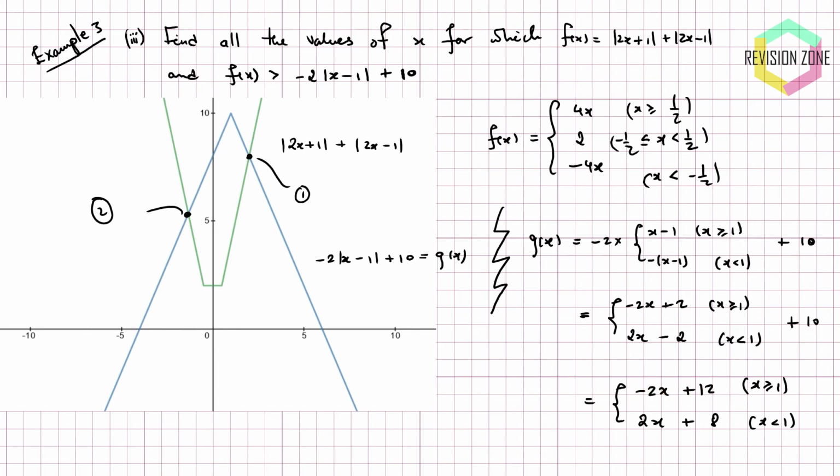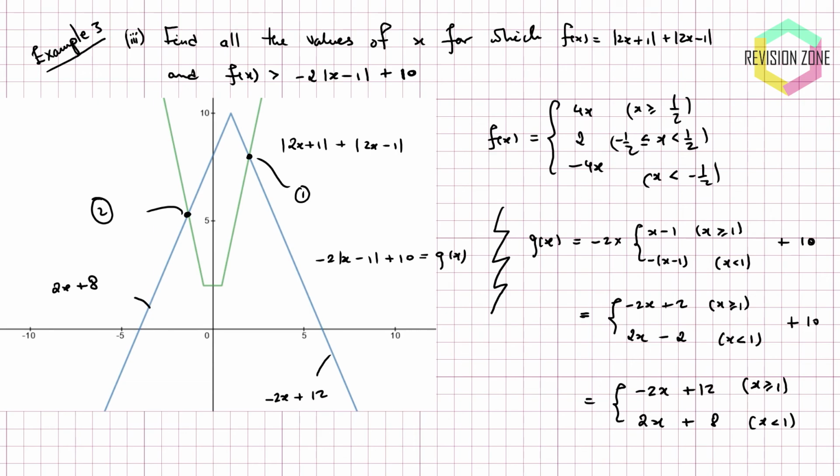So this thing here is minus 2x plus 12, which means the other thing has to be 2x plus 8. This is reassuring because that looks to be about 8, between 10 and 5, slightly closer to 10. And if I extrapolate this, it would have crossed the top at 12, which is consistent with what we've got here.